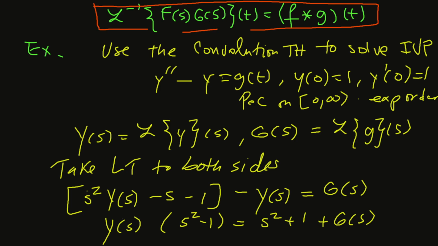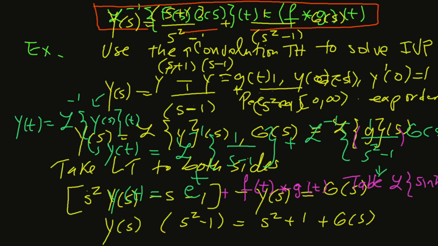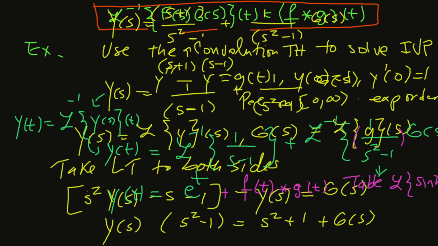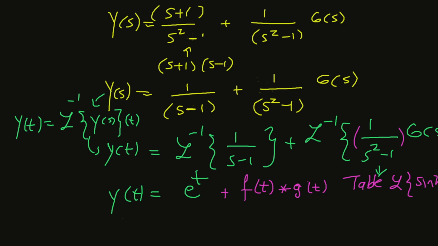So that's the one I'm using, to say that if this is F of s and G of s, the answer is going to be the convolution of f of t with g of t.